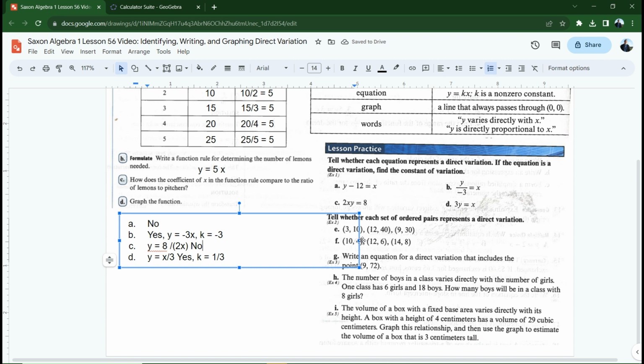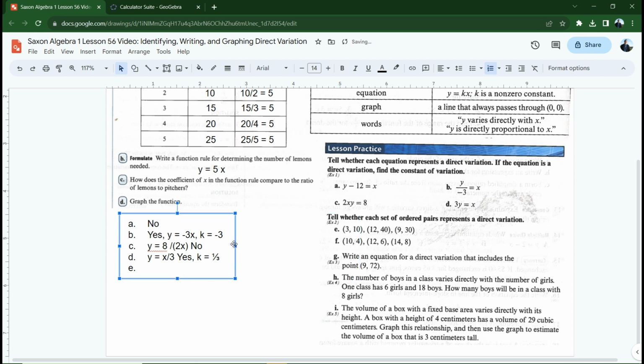Okay, let's continue onward. Letter E asks to tell whether the ordered pairs represent direct variation. This is actually quite simple. All we need to do is divide the y value by the x value. And if we always get the same thing when we reduce, it is direct variation. 10 divided by 3 is 10/3. 40 divided by 12, I can divide both of those by 4.